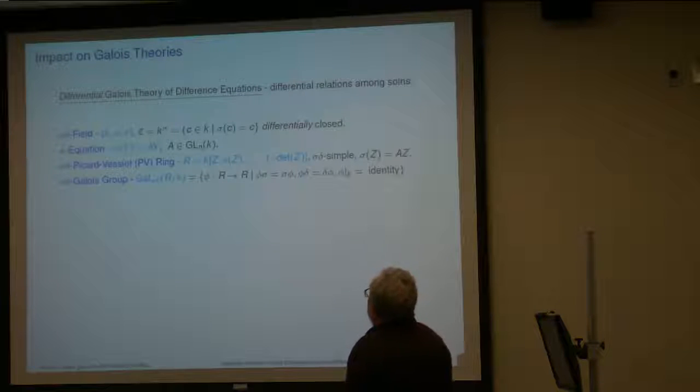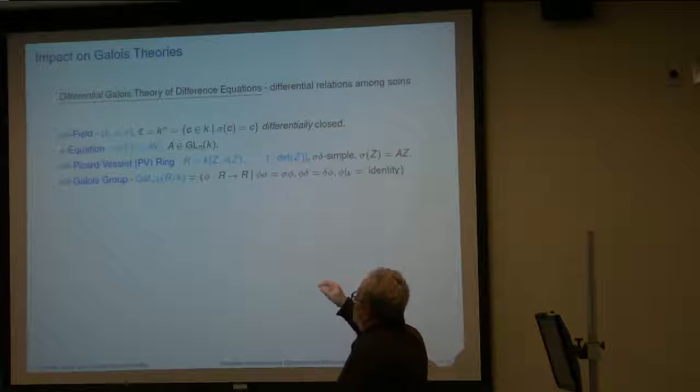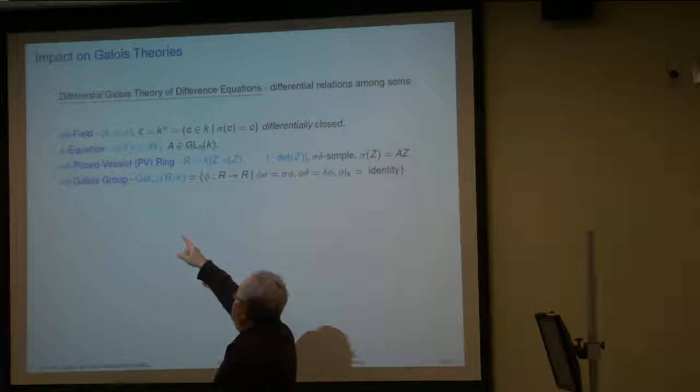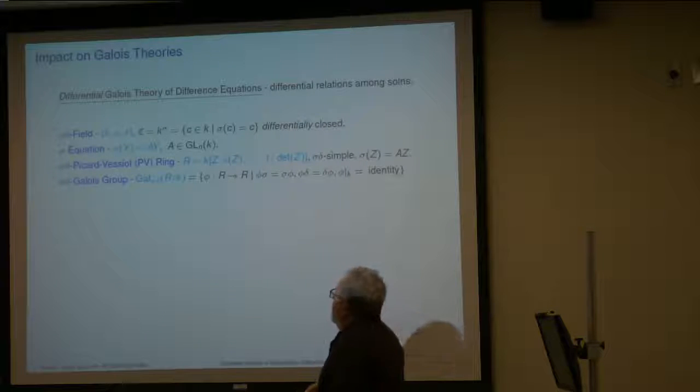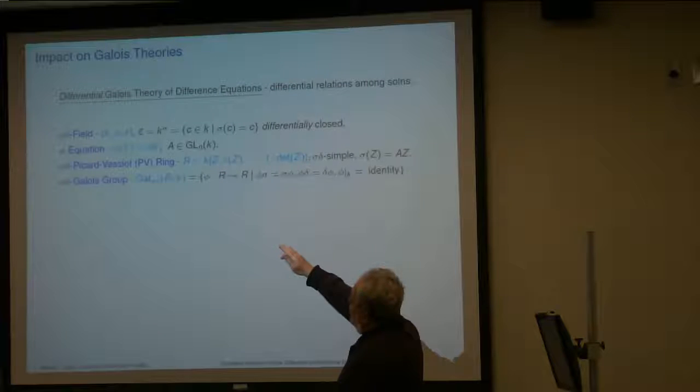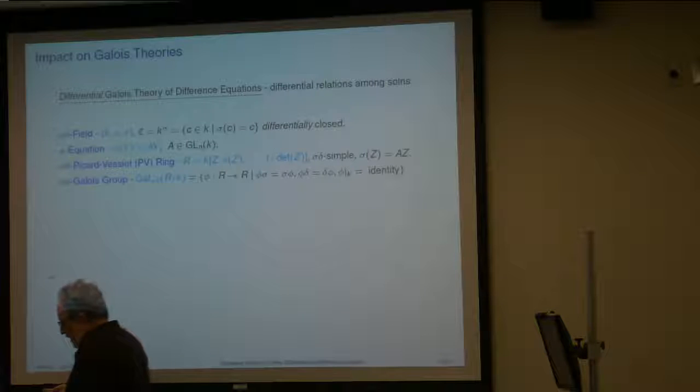Okay. And we do the same thing. So I start with a field. Now I have an automorphism like the shift and a derivation, like d/dx. And again, I want to look at the things that are left invariant by the automorphism.